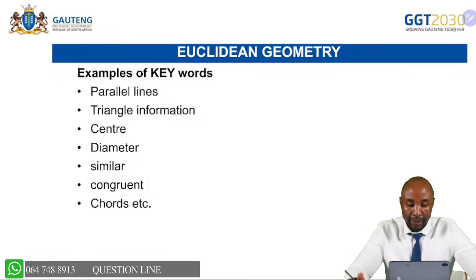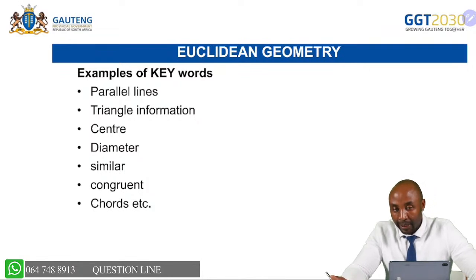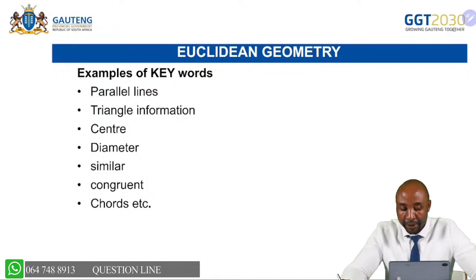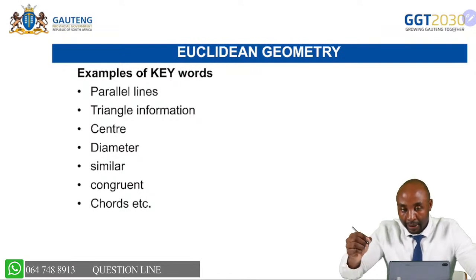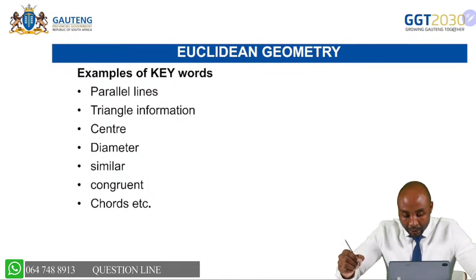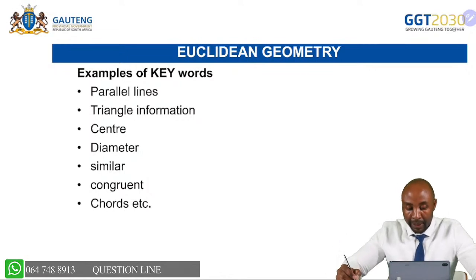So those are parallel lines. Now, keywords, parallel lines. If the statement says parallel lines, on your diagram, you indicate parallel lines using arrows. If it says equal lines, you indicate equal lines by showing either a single line cutting the line, or two lines if there are so many of them that are equal, so that you are able to distinguish which lines are equal and so on.